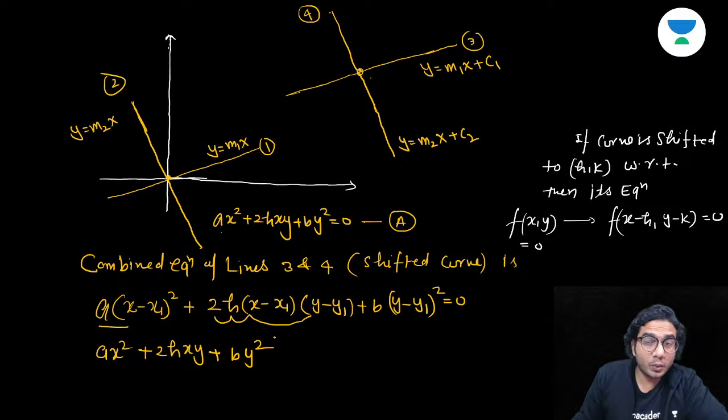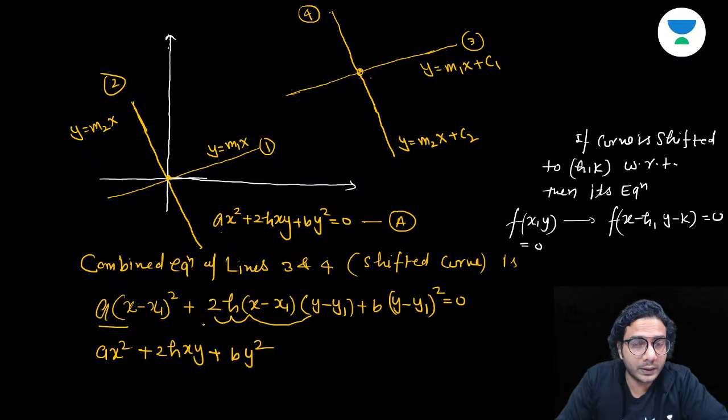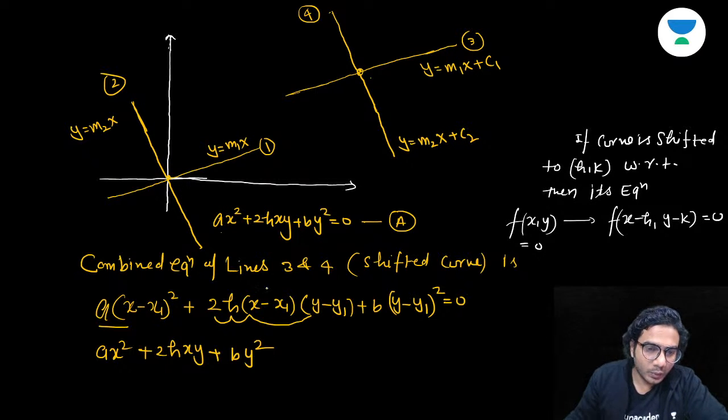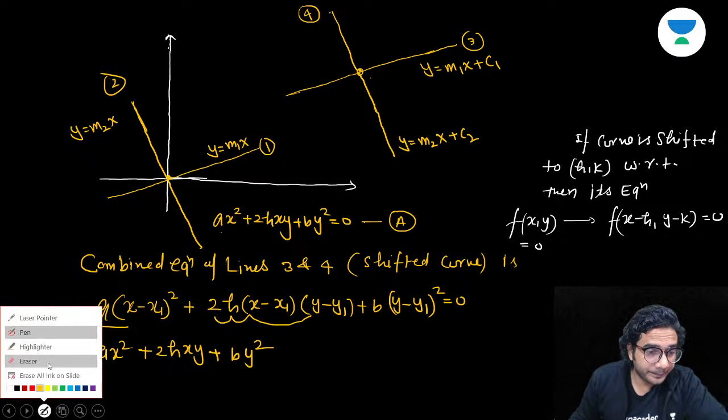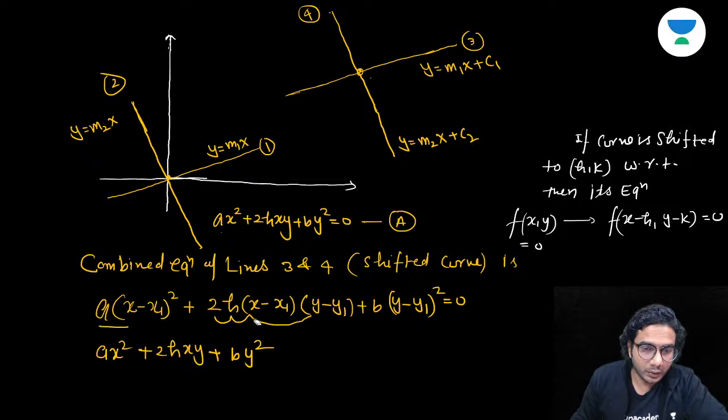So I have written the 2-degree terms first. So the 2-degree terms will remain same which were in the original equation. In the original equation, 2-degree terms were ax square plus 2hxy plus by square. In this general equation, also 2-degree terms will remain same. You can see that. If you expand it, then 2-degree terms are coming out to be same. Okay, I hope you are getting it.